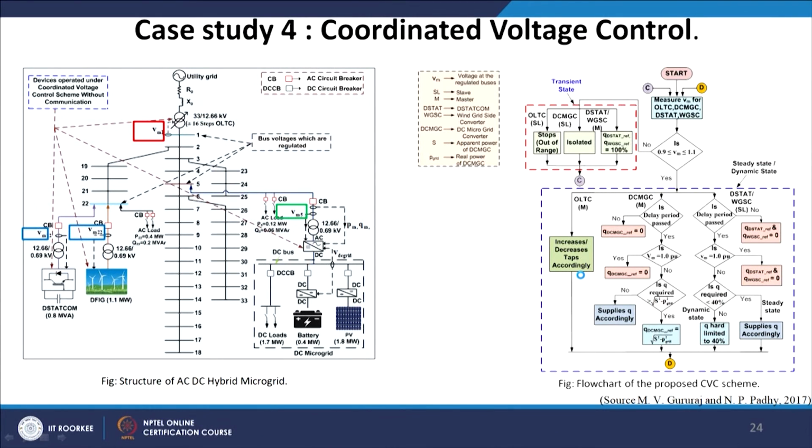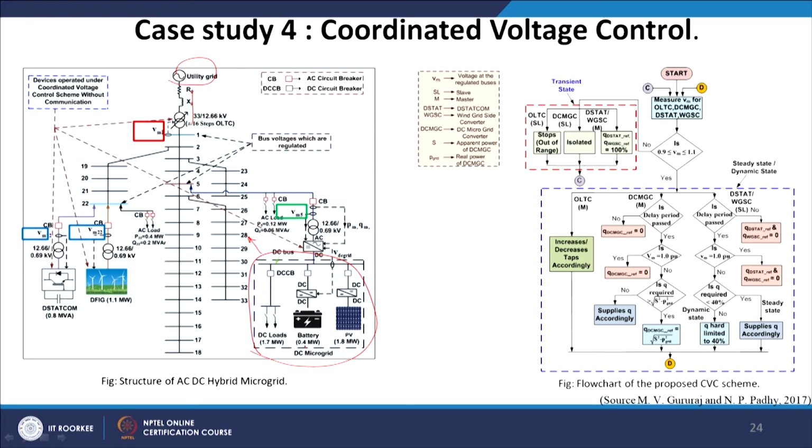We have also performed a couple of case studies on coordinated voltage control, in which we had the utility grid. Then we have taken a distribution system of 33 buses, and you can see the DC microgrid, which has been interfaced to an IEEE distribution system and connected to my utility.